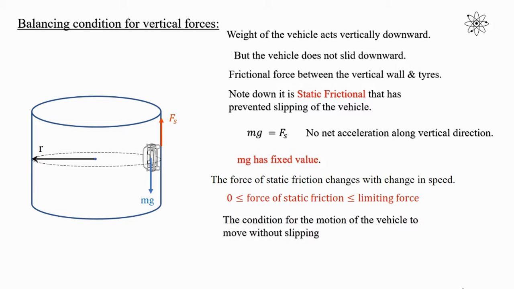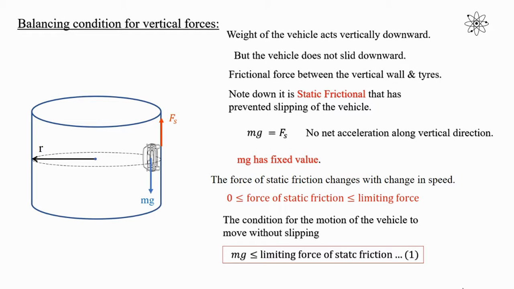Therefore, the condition for the vehicle to move without slipping is that the weight of the body should be less than or equal to the limiting force of static friction, because the limiting force of static friction is the maximum limit of the force of static friction up to which the vehicle can move without slipping.